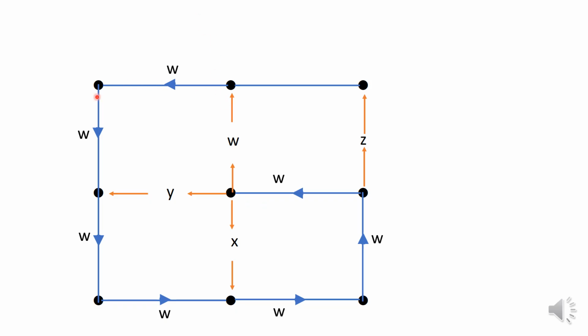So start here, we have W flowing along these branches and ending here.